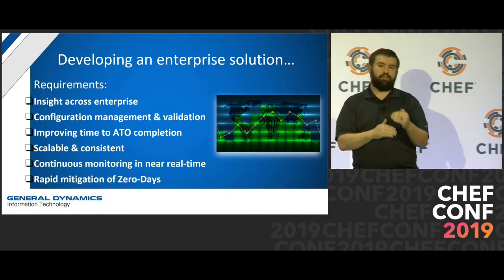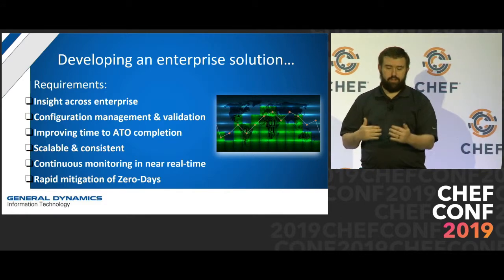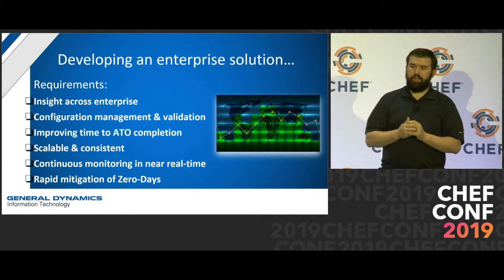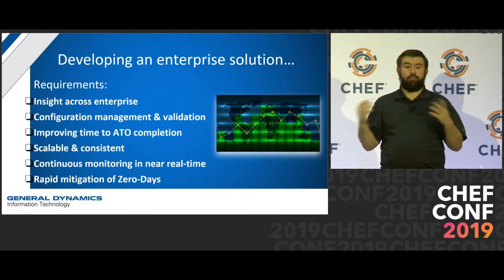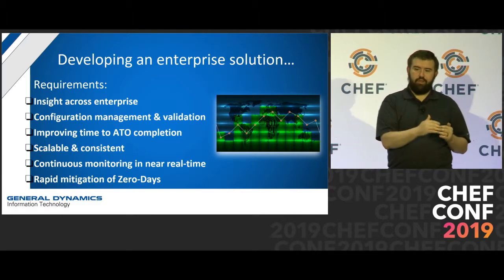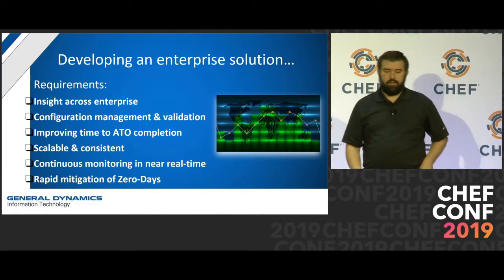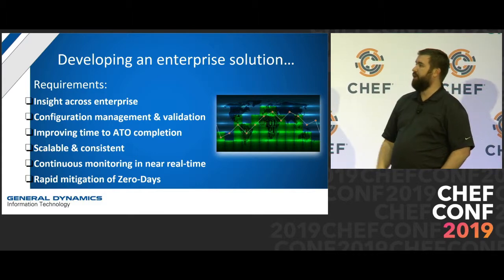Maybe I want to focus on these areas because I see some failures there, and be a lot more efficient at an enterprise scale versus a program-by-program basis. That's what we were looking at.